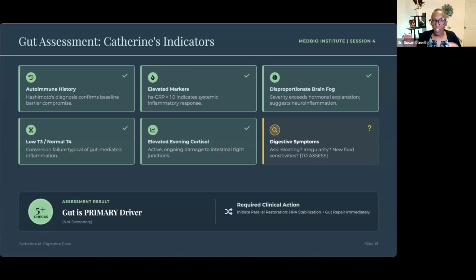More likely, if they're in the opposite direction, if they have a lot of bloating, or if they tend towards having diarrhea, they'll mention that more often because it's a little more annoying, and it can really interrupt meetings and things like that. So they're a little more likely to mention that versus the constipation side.